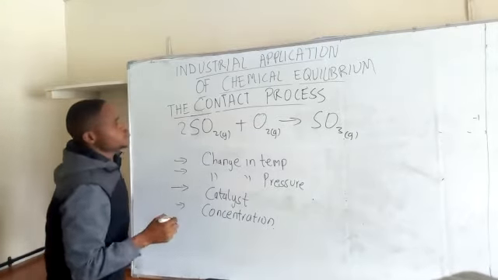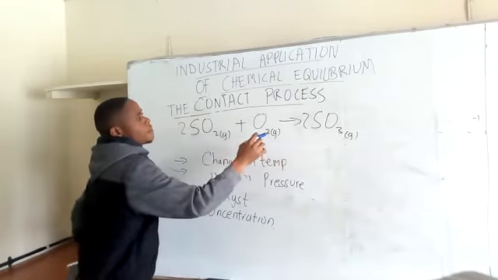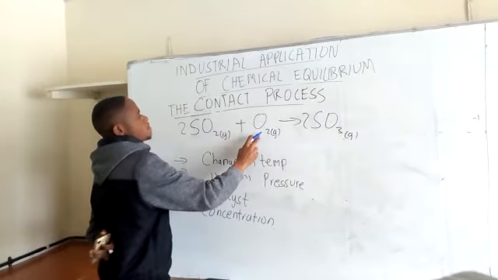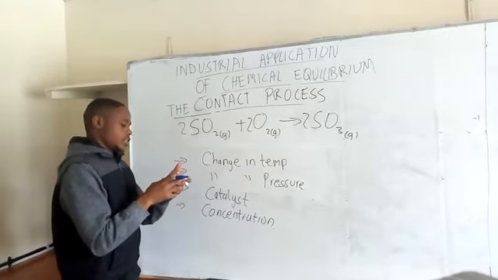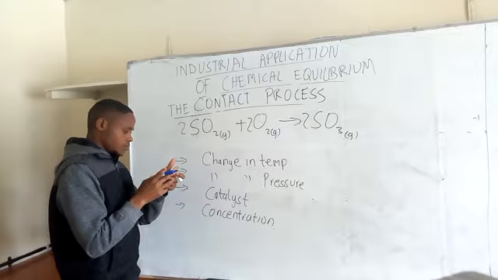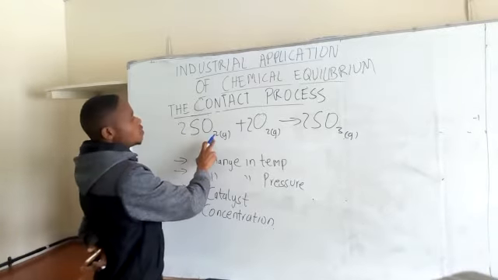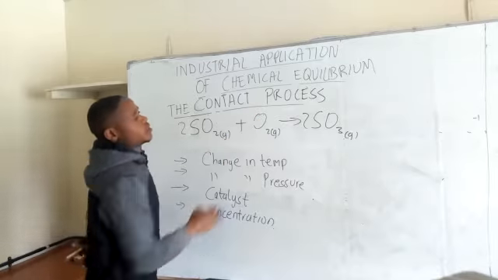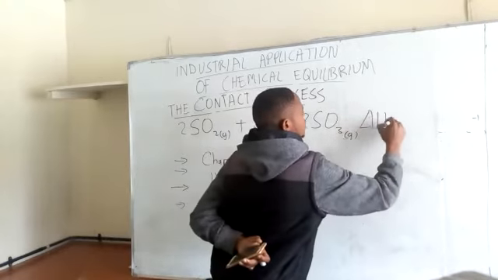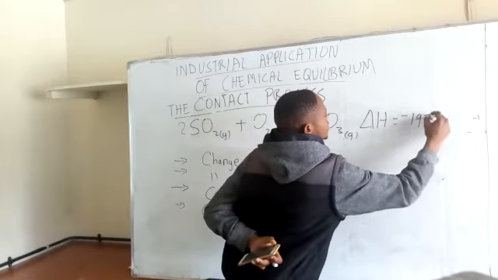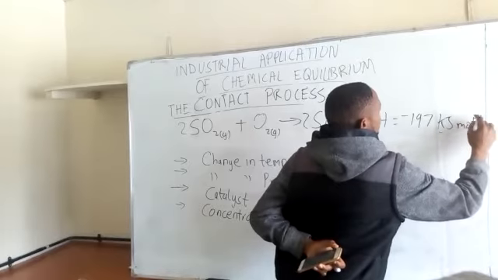Here we have 2, 2, and 2. Yeah, that's our equation, and the enthalpy change here is negative 197 kilojoules per mole.